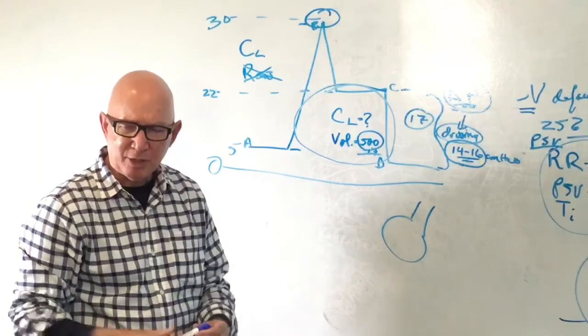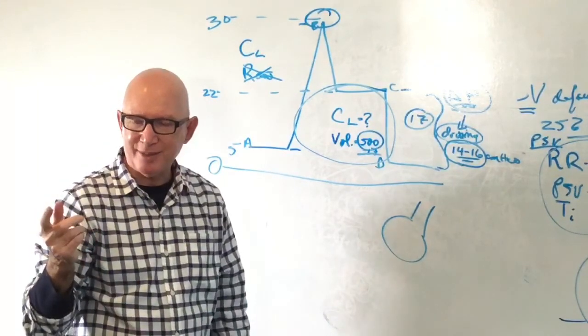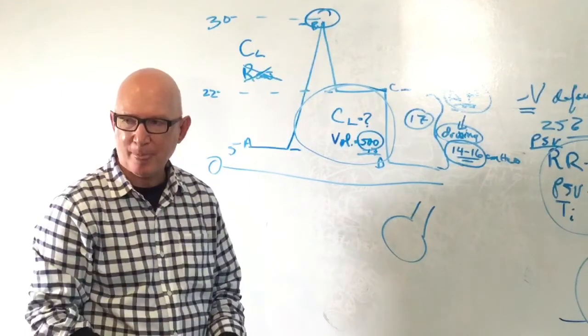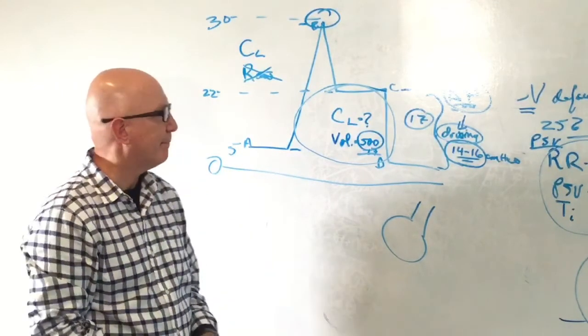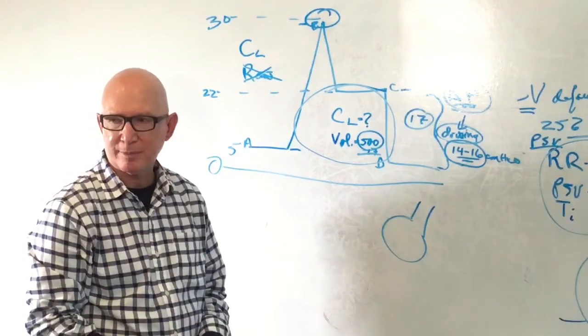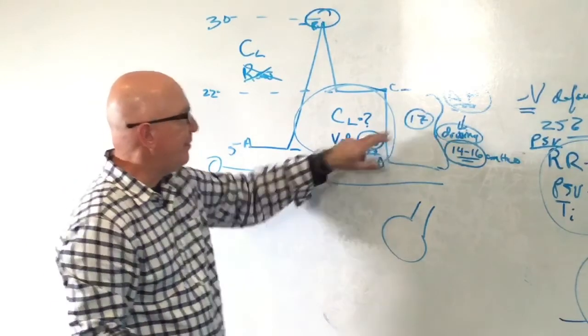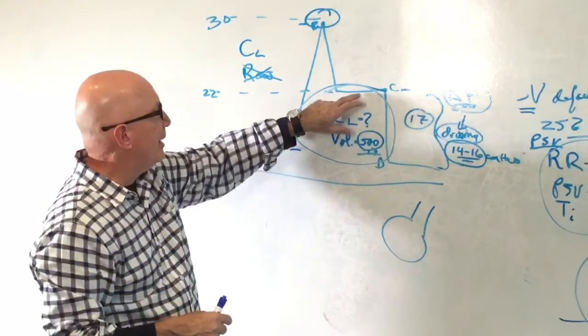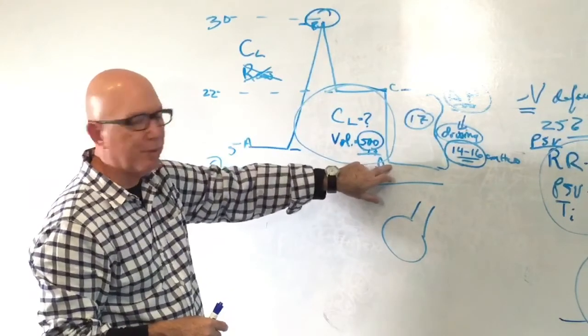I'm not sure, there were a couple of pieces in Jonathan's question. He said there's a new way of using plateau pressure and driving pressure, and his specific question is around the correct definition of driving pressure. So the definition of driving pressure in the context of what I was just talking about is from your plateau to your peak.